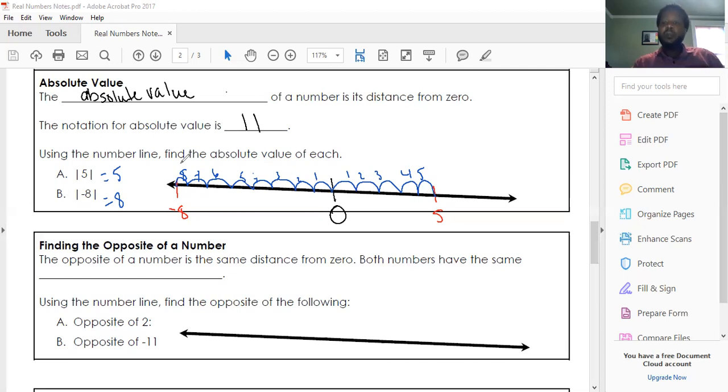So with the same idea in mind, we're going to be able to find the opposite of a number. The opposite of a number is the same distance from 0. So both numbers have the same what? The same absolute value.